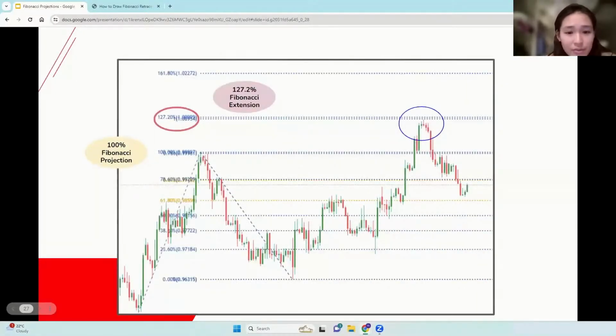Similarly, here we have the same two Fibonacci methods, extension and projection. Here is the 127.2% Fibonacci extension. The Nike tick would have its starting point here, ending point here, and then the tail is here. And that is in line with a 100% Fibonacci projection.